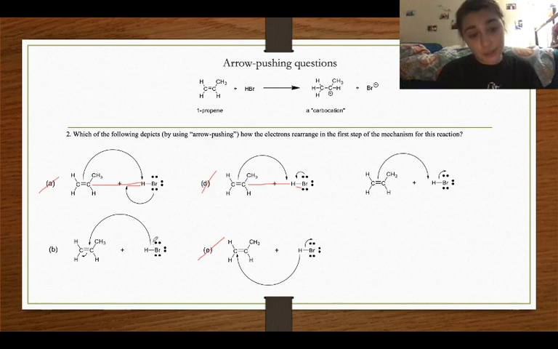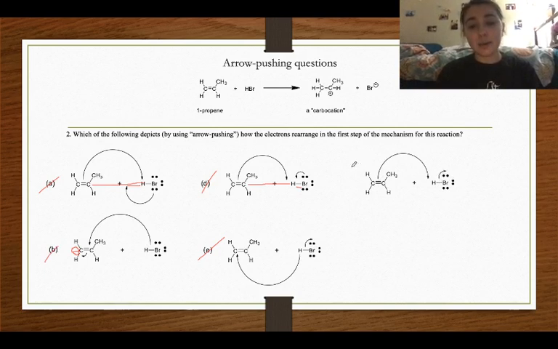Okay, this one shows that hydrogen and bromine break their bond to attack this carbon. And then this double bond breaks here and puts a negative charge on this carbon. But we want a positive charge. And if I want a positive charge on carbon, I want electrons moving away from carbon. And if I want a negative charge on bromine, I need electrons moving to bromine.